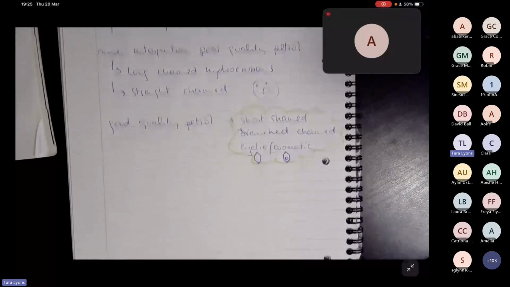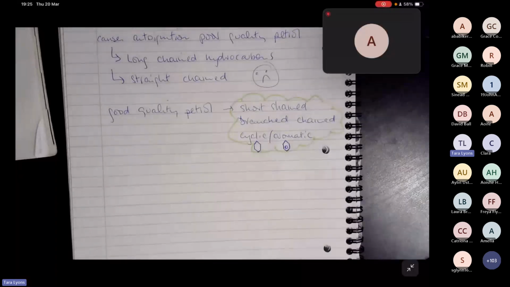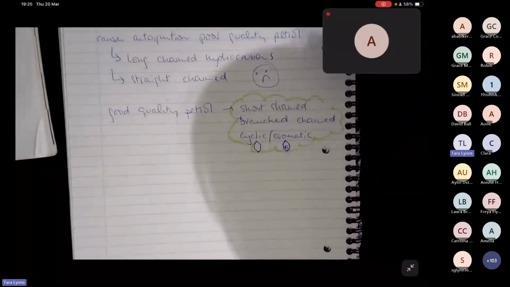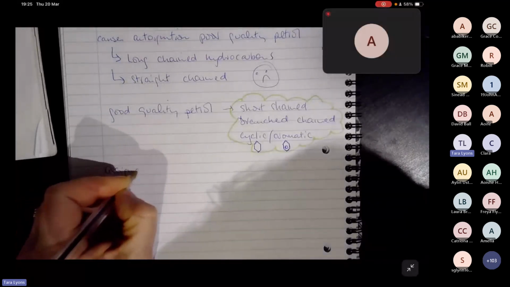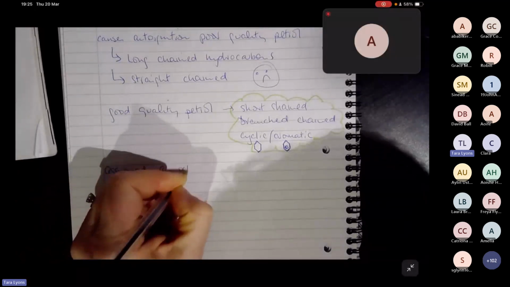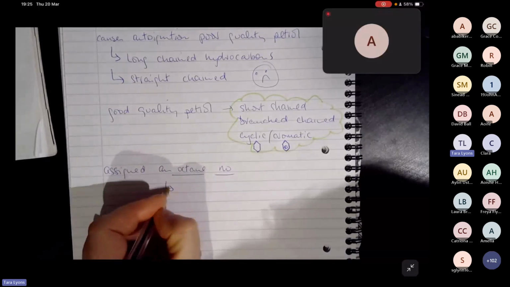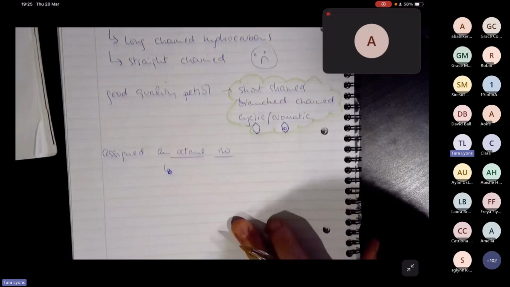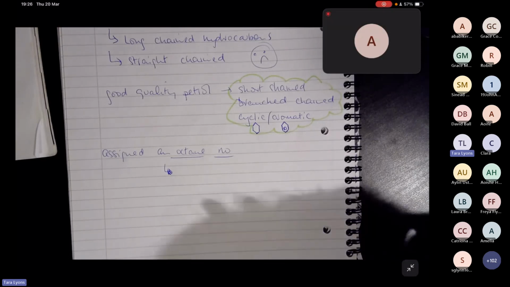Now, how do they decide whether your petrol is good or bad? They're not going to put it into an engine and listen to see does it have knocking or not. So it gets assigned what we call an octane number. And again, this is a definition that comes up all the time. And even with my own students, I asked this in their mock exam, and there were not too many, but a few that missed out on a key word.